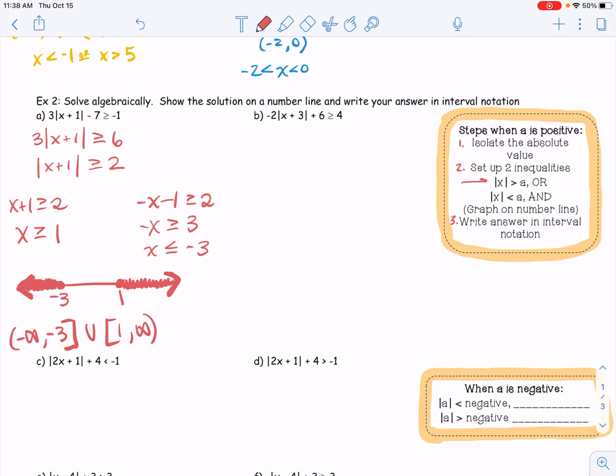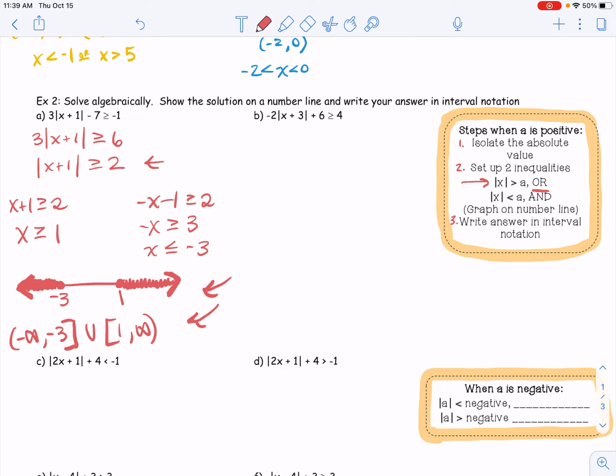When our absolute value is greater than a positive value, we get this OR statement. Look right here. We have the absolute value of x plus 1 is greater than or equal to 2. Or means I'm getting two areas where my solutions could be. That's what I was getting here on the number line and here in interval notation.